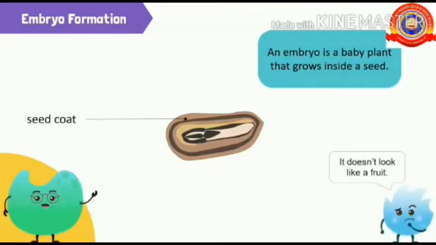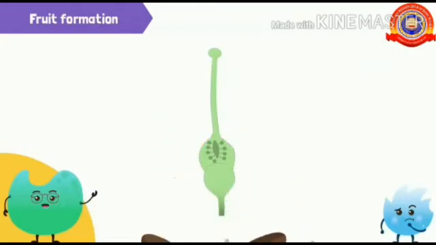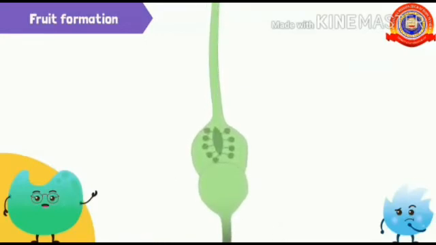After fertilization, several changes take place in a flower. Petals, calyx and androecium dry up and wither away. Wither means fall off. Then the ovule, which contains the embryo, develops into a seed.